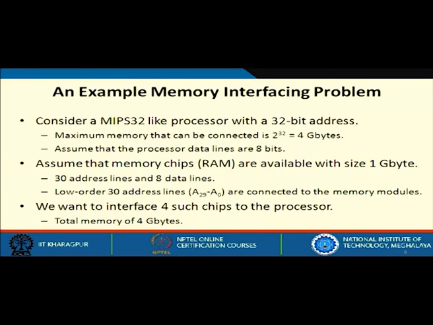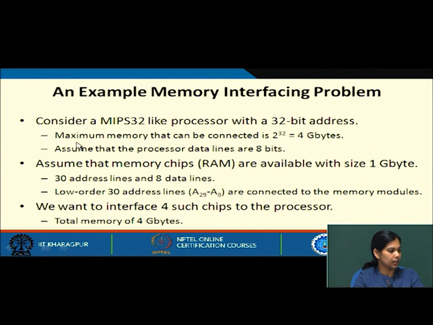Now, let us take a little bigger example. Here we will consider a MIPS like processor with a 32-bit address. The maximum memory that can be connected is 2 to the power 32, that is 4 gigabytes, and the assumption is that the processor data lines are 8-bit.